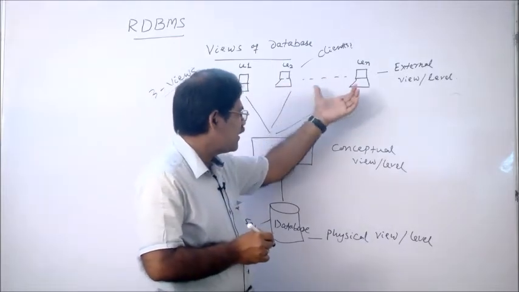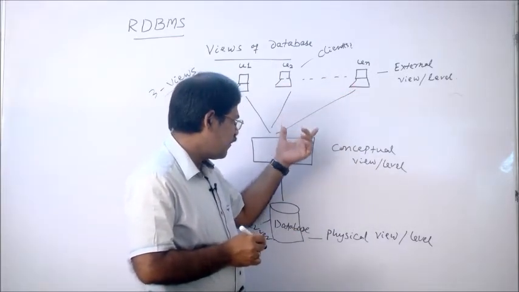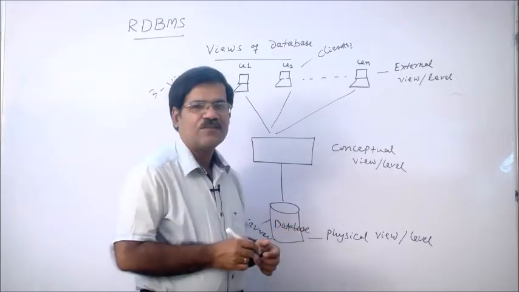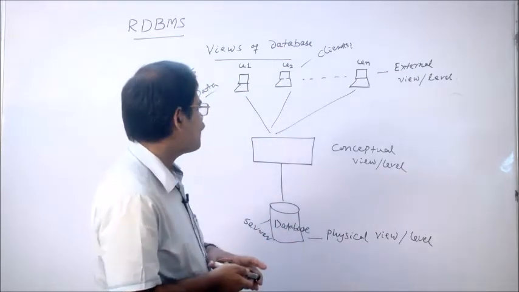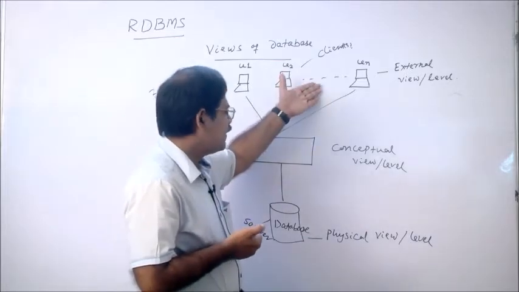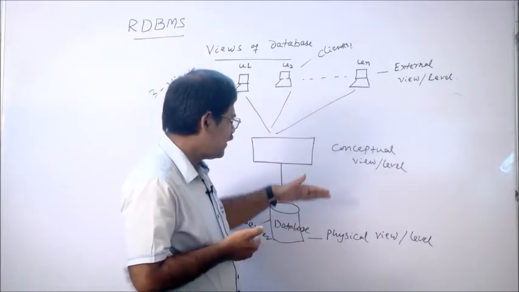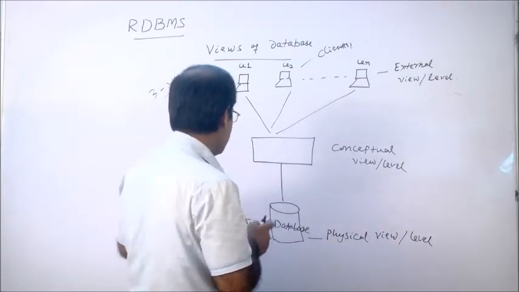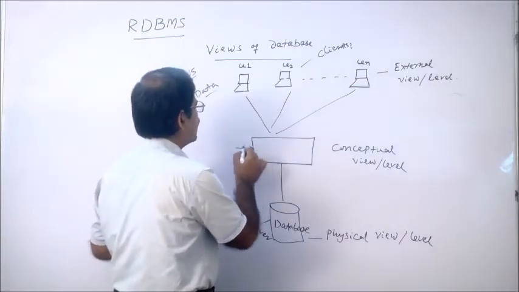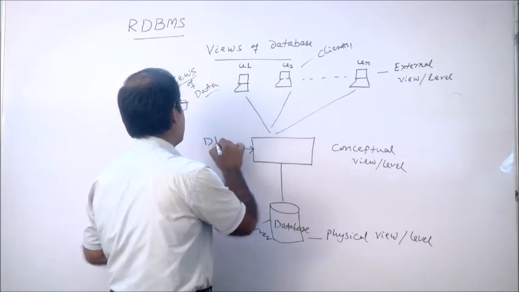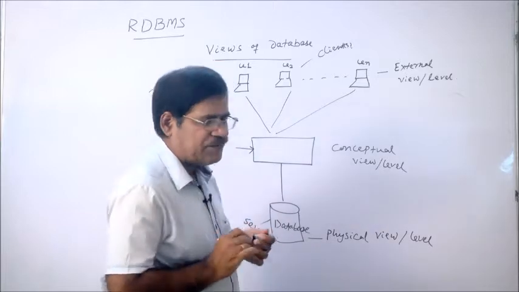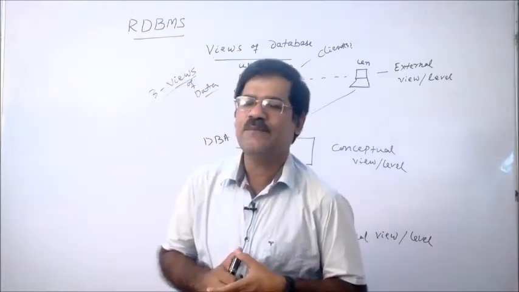The users are in client machines, every machine is connected to the server, and the actual data will be stored in the server machine. Between the clients or users and the database, there is one middleman. This middle level is controlled by a DBA. The conceptual view, or conceptual level, is controlled by the DBA.